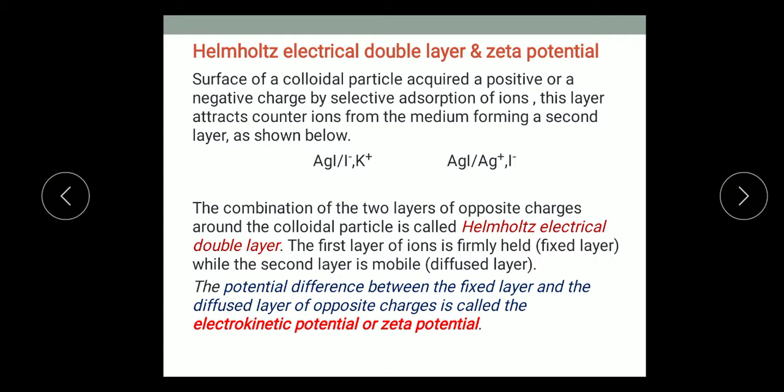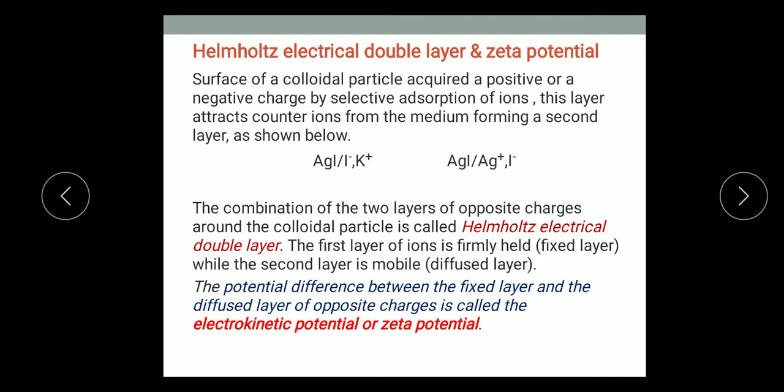Then we come to the next part, which is Helmholtz electrical double layer and zeta potential. So what is zeta potential and what is the electrical double layer? As I have told you, the particles of the sol or dispersed phase adsorb either negative ion or positive ion in preference, and thus they become negatively or positively charged. Around this layer the counter ions get accumulated, forming a second layer.